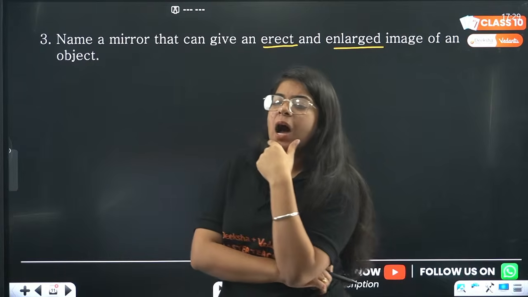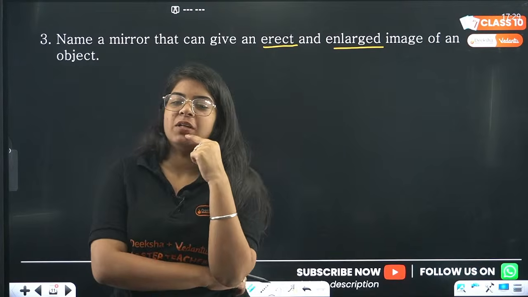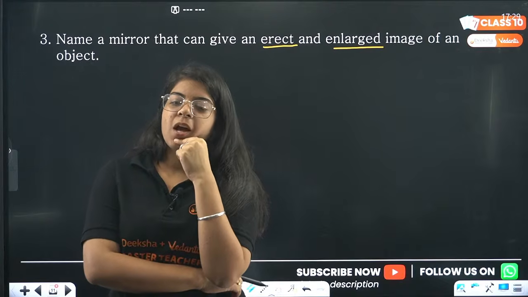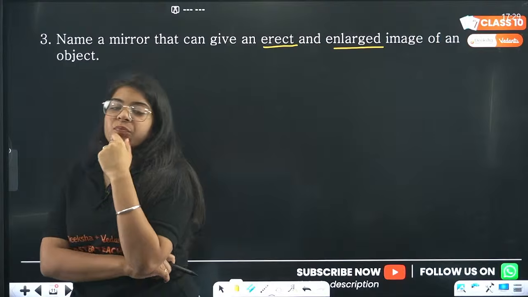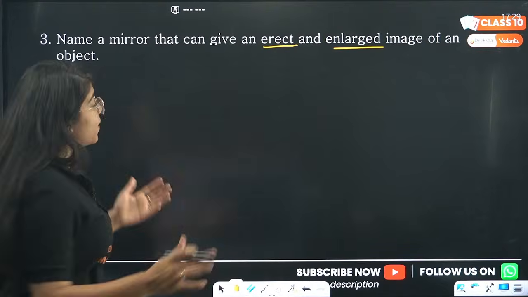How will we think? Case 6, between pole and focus. Very good. Now, you focus on which mirror it is.